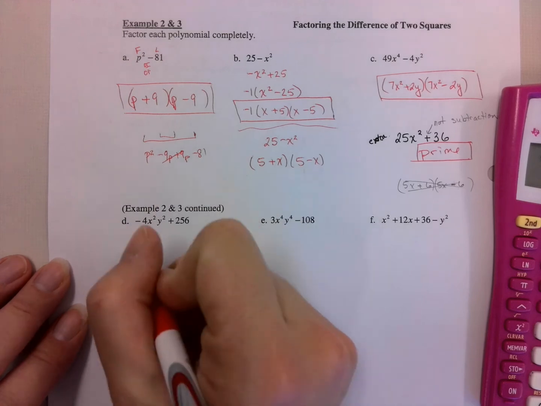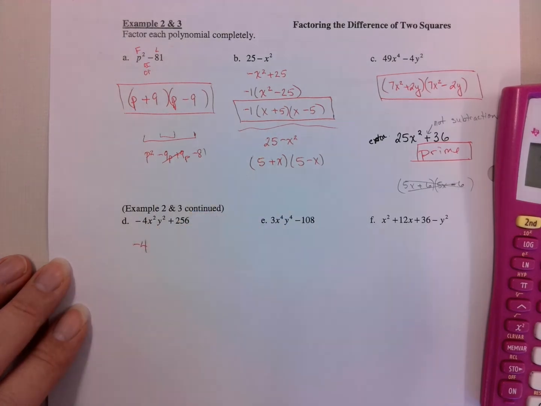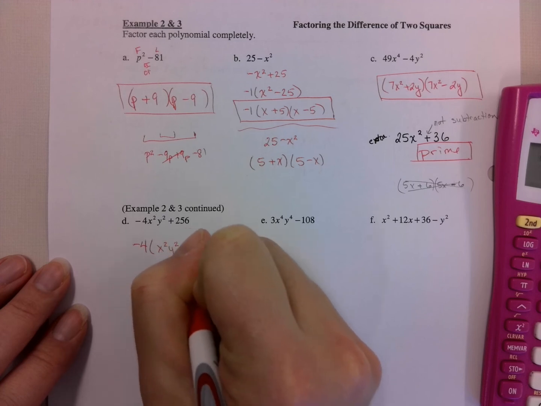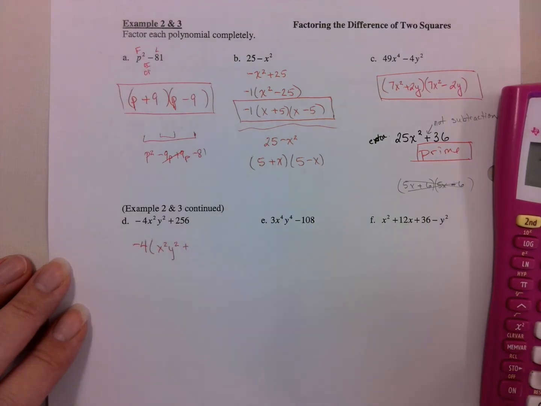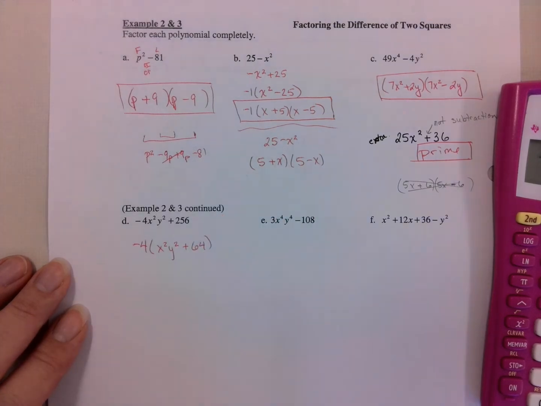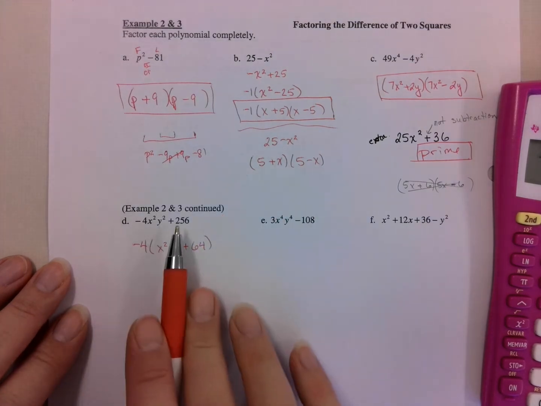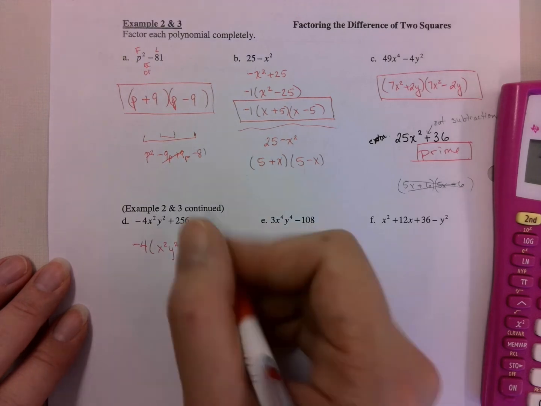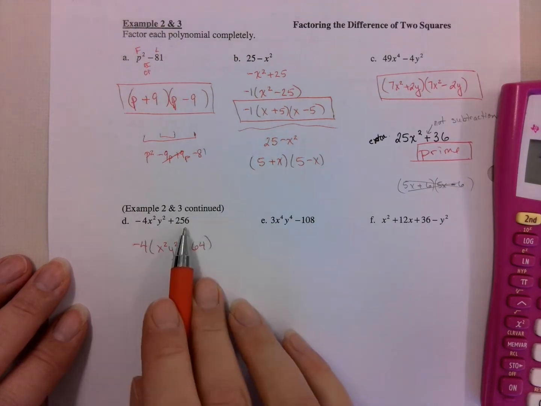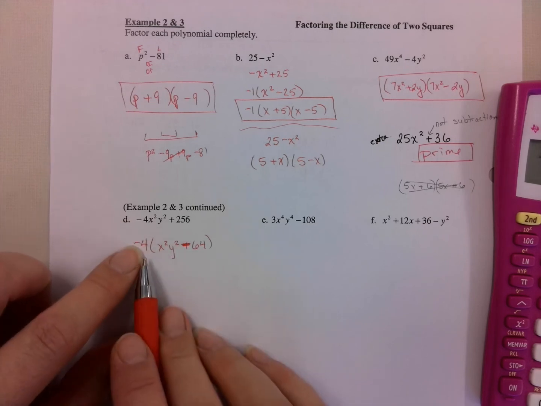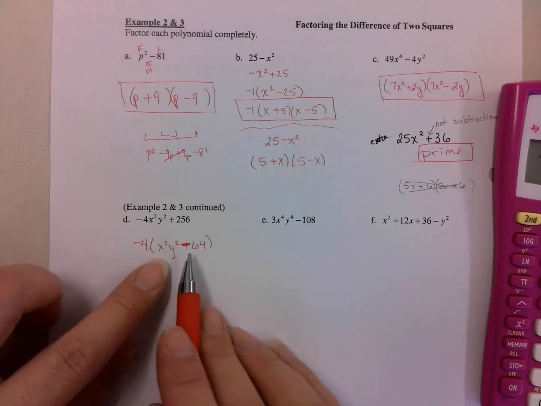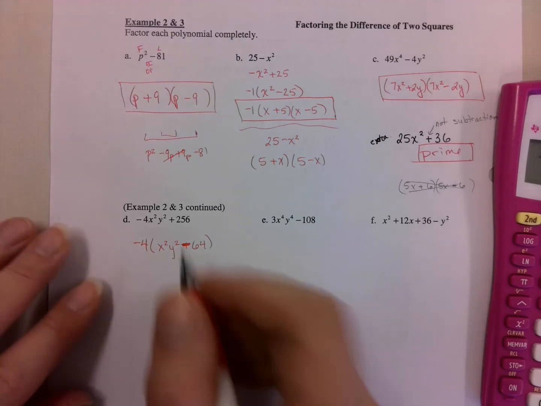So the first thing I'm going to do is take out the negative 4. And I'm left with x squared y squared. I better take 256 divided by 4. Yep, 64. Okay. So these are perfect squares to start. Oh, that should be a minus sign. Perfect squares to start, but they had a GCF. So I took out the GCF, and now I took out the negative sign, so it looks a little bit more like a difference of squares.